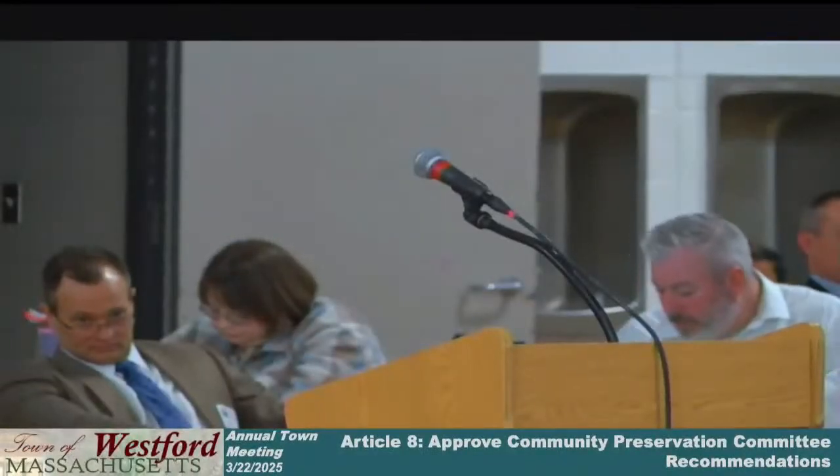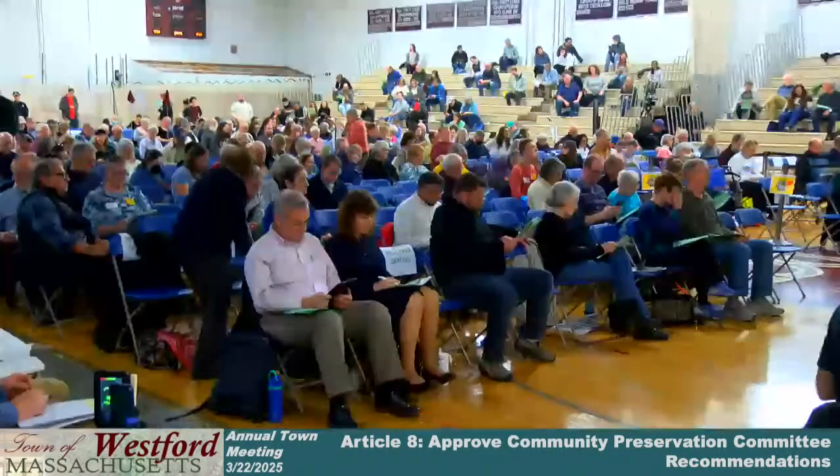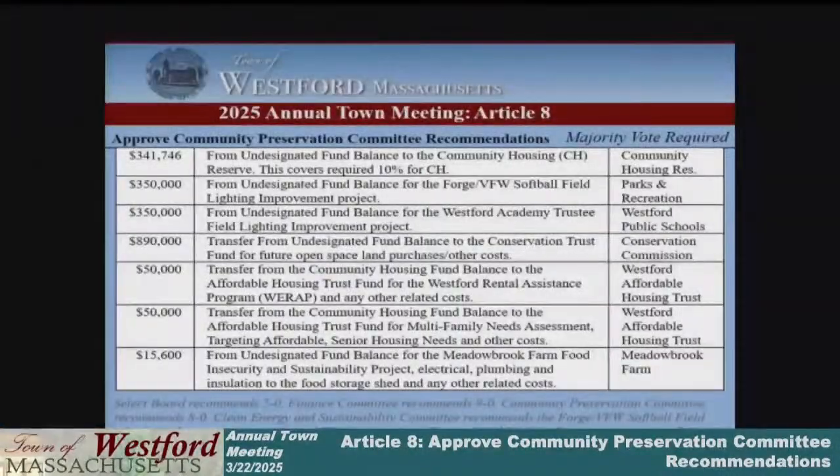If you want more information about any one of them, please say hold, and we'll come back and get your questions answered. $341,746 from the undesignated fund balance to the Community Housing Reserve, which allocation covers the required 10% for community housing. $350,000 from undesignated fund balance for the Forge VFW softball field lighting improvement project.